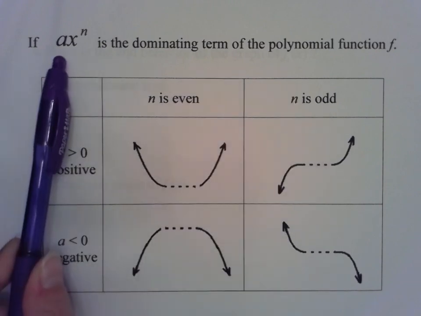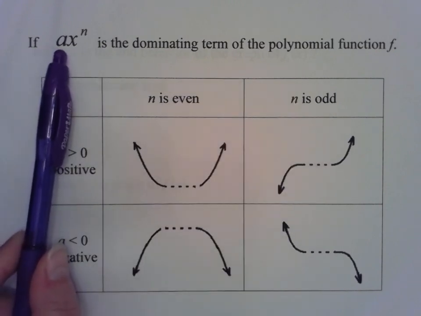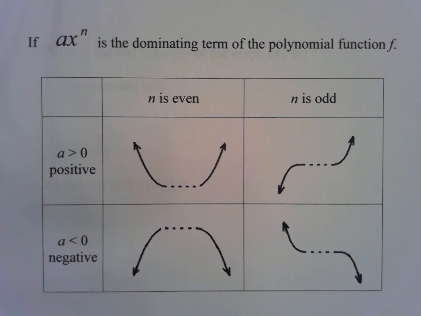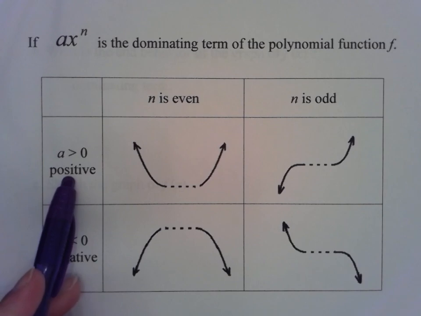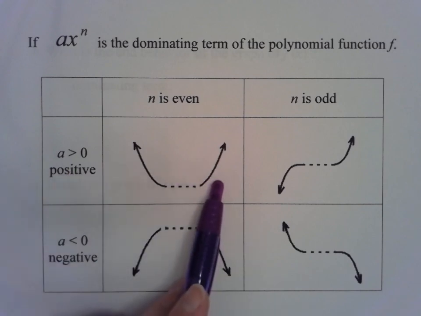Okay, and then we look at the number in front, the value for a. We want to decide, is it positive or negative? So this would decide whether it's been reflected or not, right? That's sort of how that ties into what we've already looked at. So I usually use the value for a to decide what happens on the right-hand side.